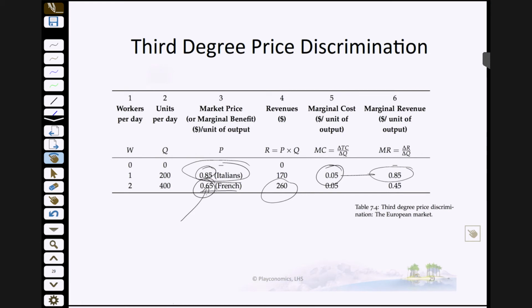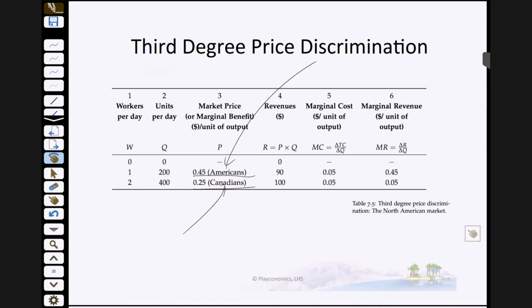The quantity is 400, so 0.65 times 400 is 260. If I then calculate the marginal revenue, it would be roughly 0.45. Do I want to serve both? Well, 0.45 is greater than 0.05, so yes, absolutely.